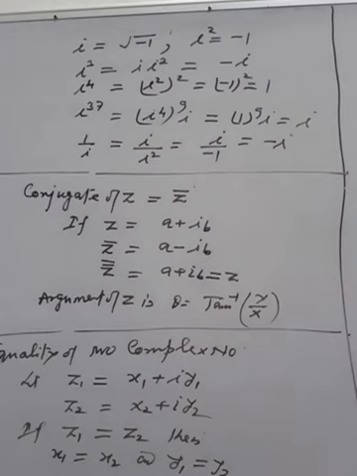Real of z1 is equal to real of z2, that is x1 is equal to x2, and imaginary of z1 is equal to imaginary of z2. So there are only three factors in a complex number. First is modulus or magnitude, second is conjugate, and third is argument or amplitude. So you can determine in this way modulus, conjugate and argument. Okay.